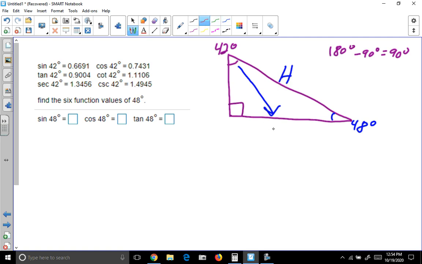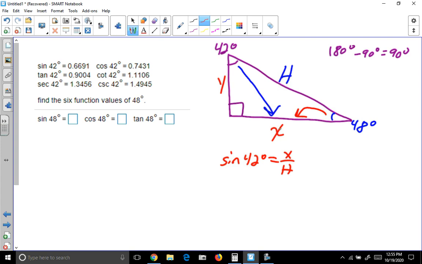Well, this side, I'm just going to call this side X, and this side Y. The side I label as X is opposite of 42 degrees. It's adjacent to 48 degrees. So just using the letters on that triangle, sine of 42 degrees would be X over H, opposite of 42 degrees over the hypotenuse.